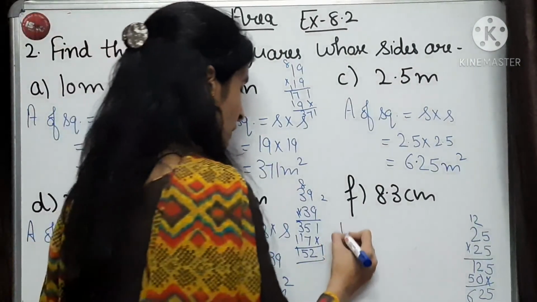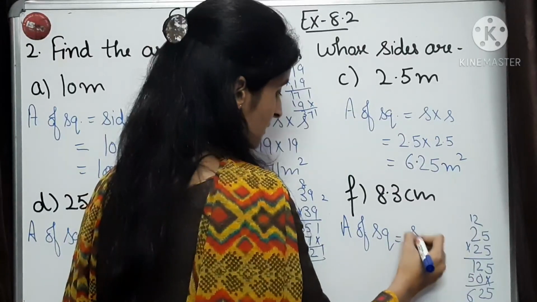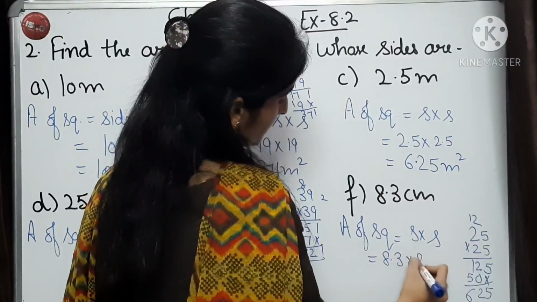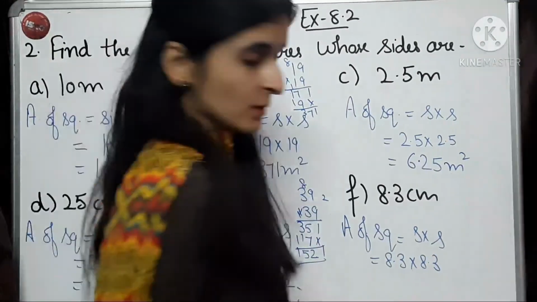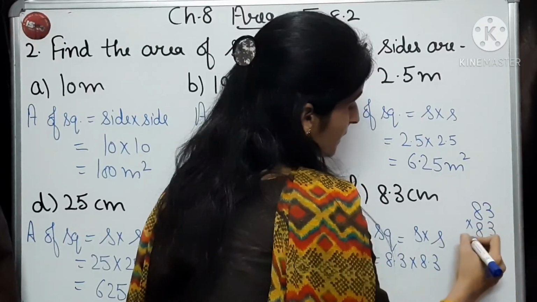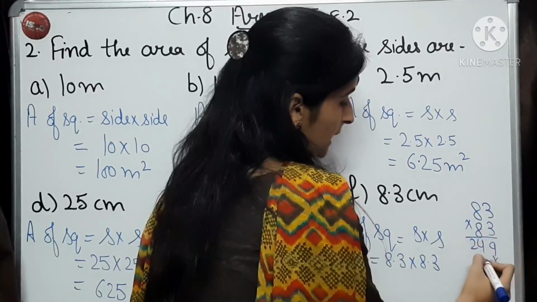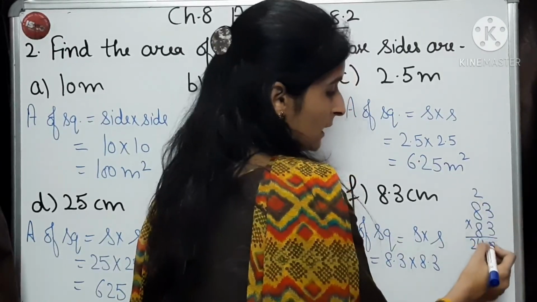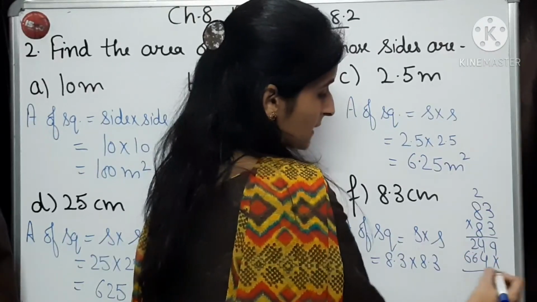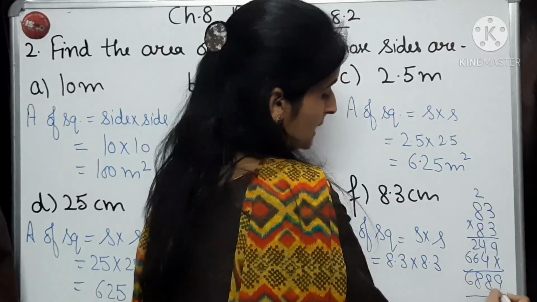Likewise, we can solve this part also. Area of square is side multiplied by side. So 8.3 multiplied by 8.3. So here I am going to multiply 83 by 83. 3 3s are 9, 3 8s are 24, 8 3s are 24, 8 8s are 64, 64 and 2 is 66, 9, 4 and 4 is 8, 6 and 2 is 8 and 6.